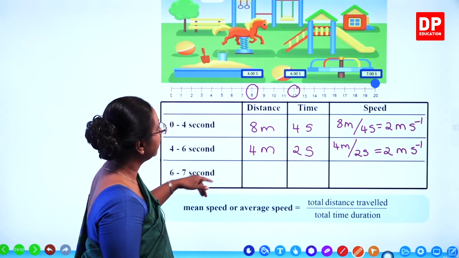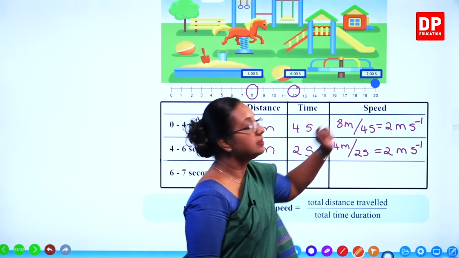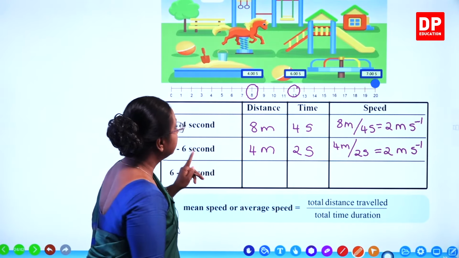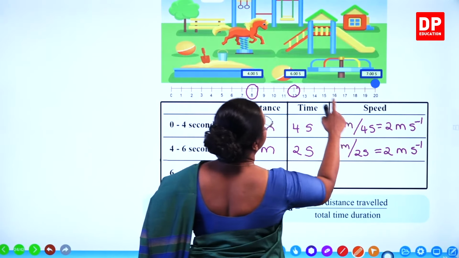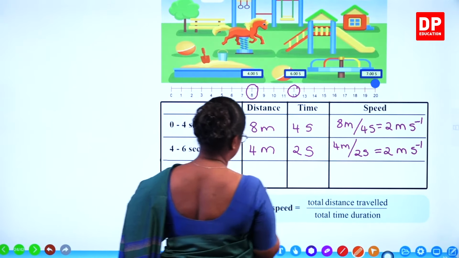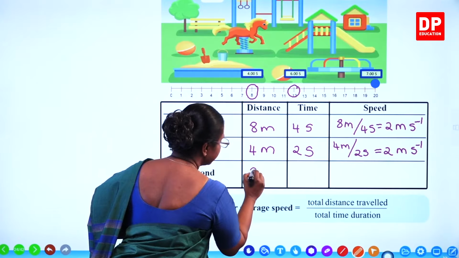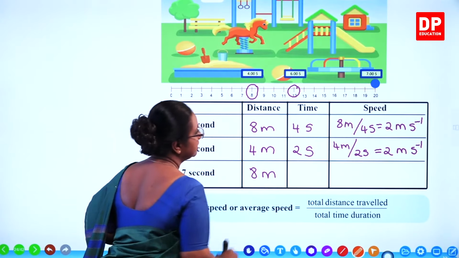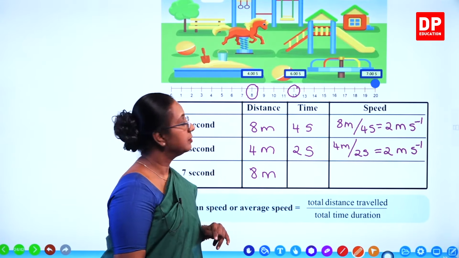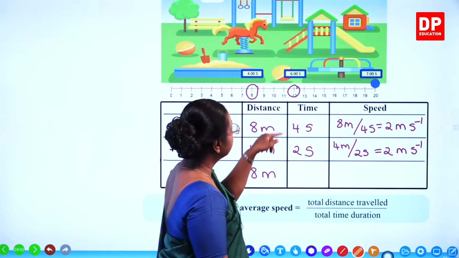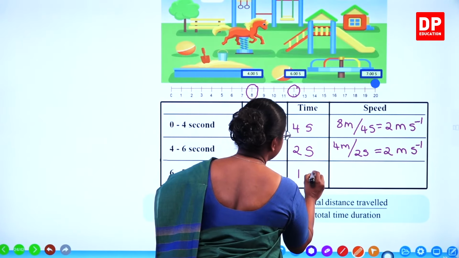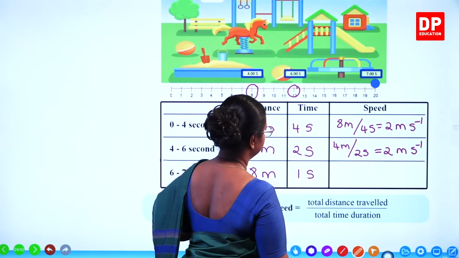And finally, from 6 to 7 seconds, the distance has been from 12 to 20. So, there is a distance of 8 meters traversed by the ball. And the time taken is only 1 second.